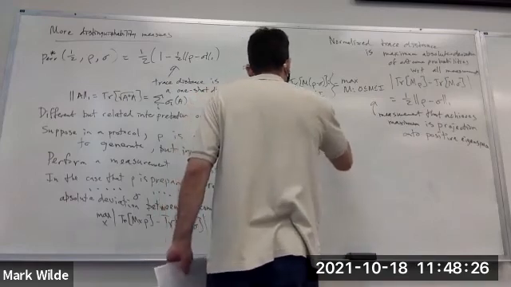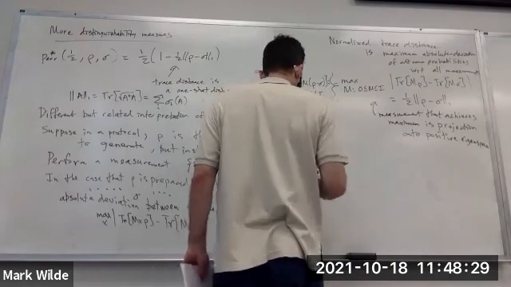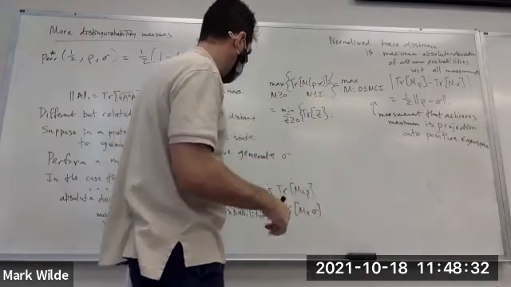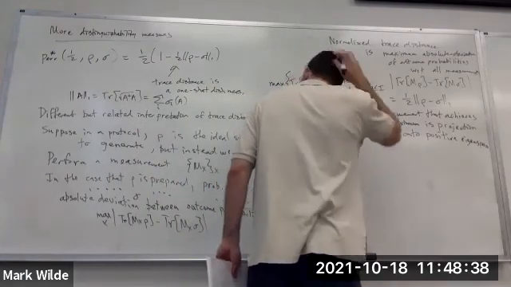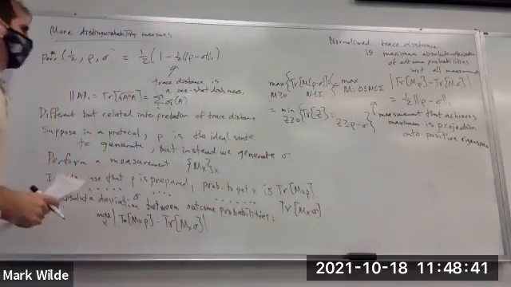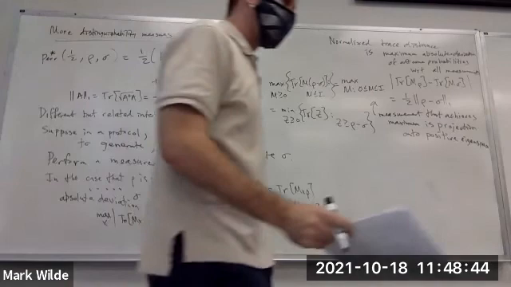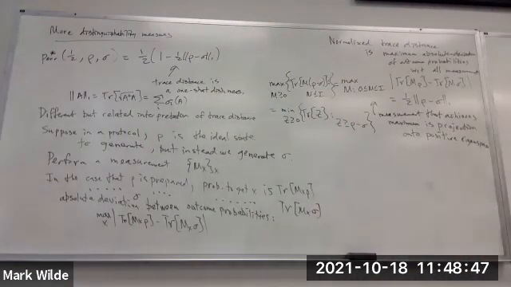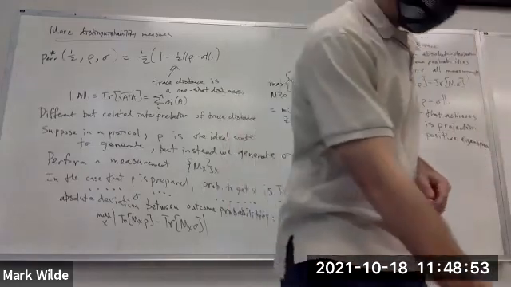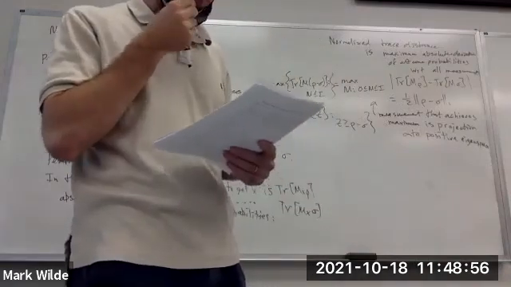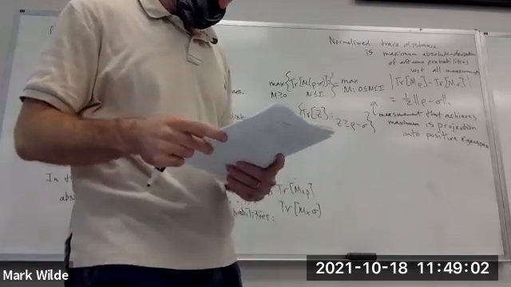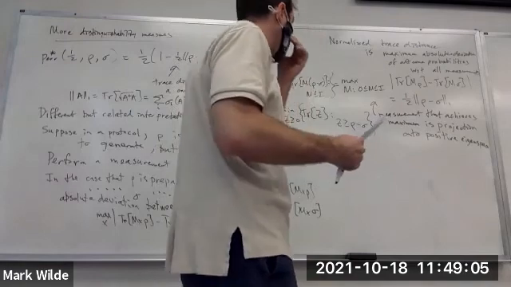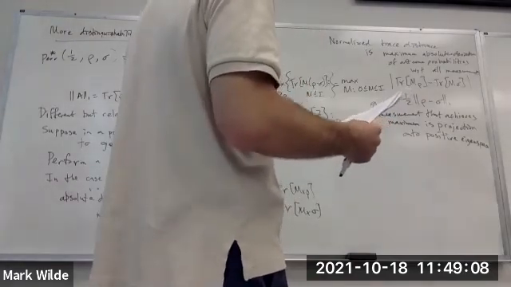You minimize the trace over all positive semi-definite operators z where z is greater than rho minus sigma. And using our semi-definite programming tools, it's pretty straightforward to prove that. It can be related to the standard forms that we wrote previously.